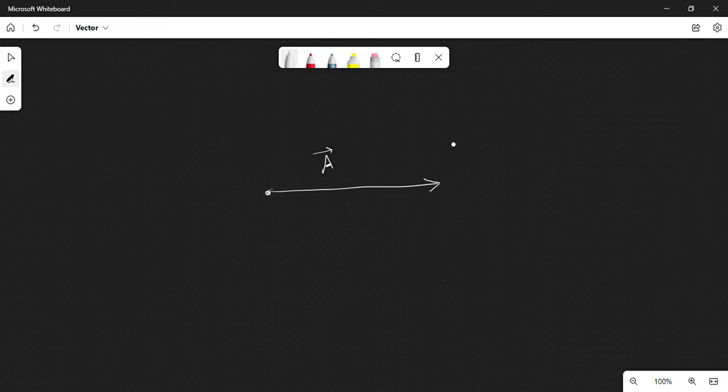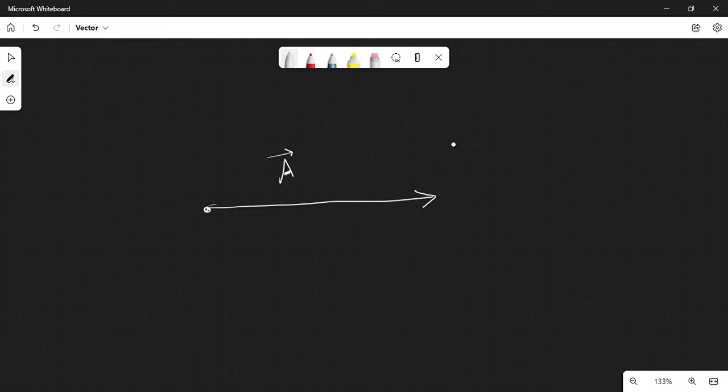So that is vector A. A vector is equal to the magnitude of A, which is without the direction, given a sign like this, and a unit vector, which is determined by a cap. So this one here is the magnitude, and this one here is the unit vector.